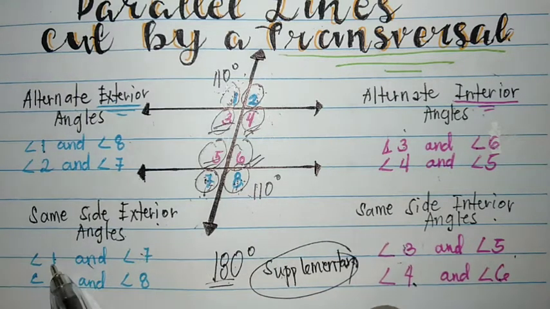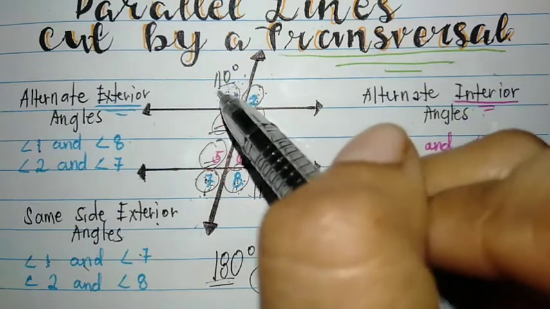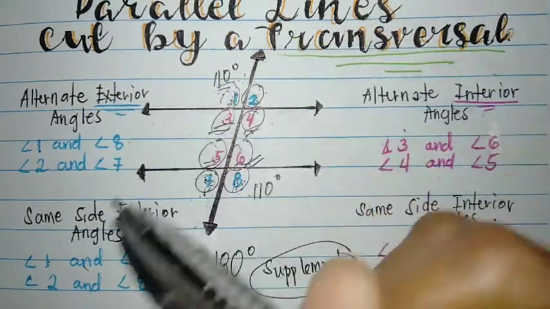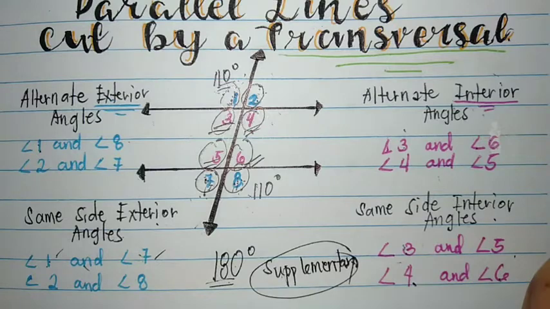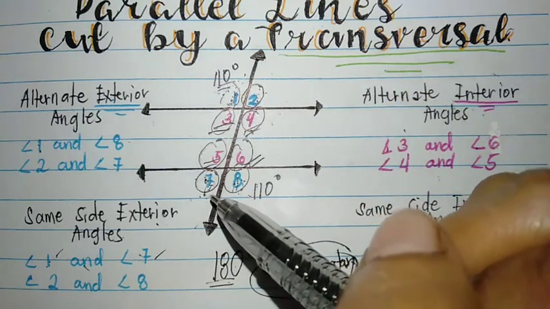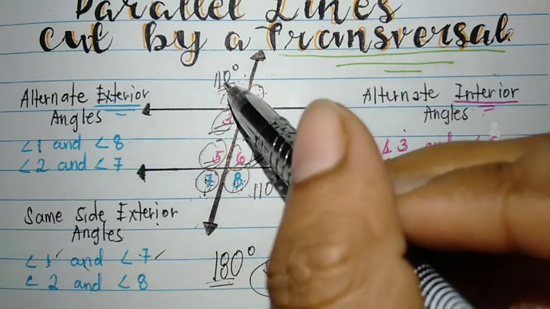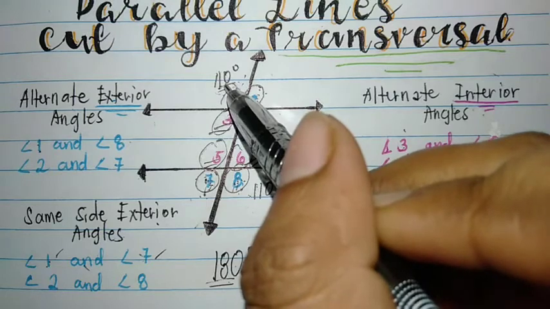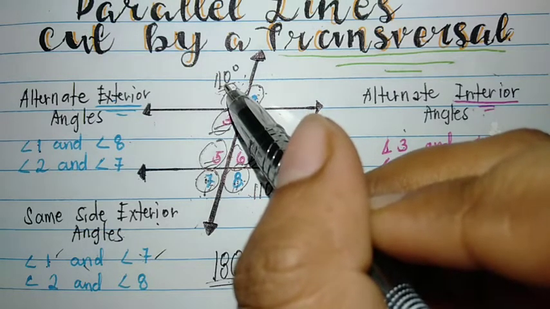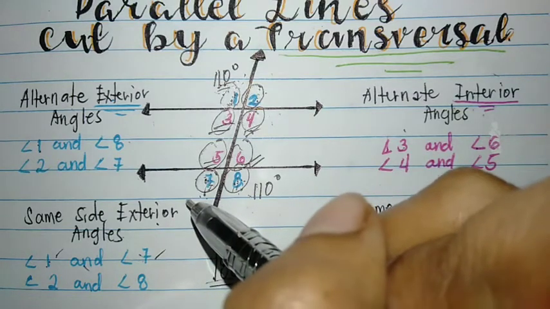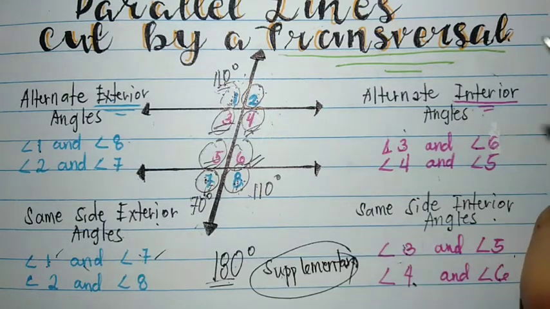So, if angle 1 is 110 degrees, ayan, 110 degrees, therefore, angle 7 is equal to 180 minus 110. 180 minus 110 is equal to 70 degrees. Ayan, 70 degrees.